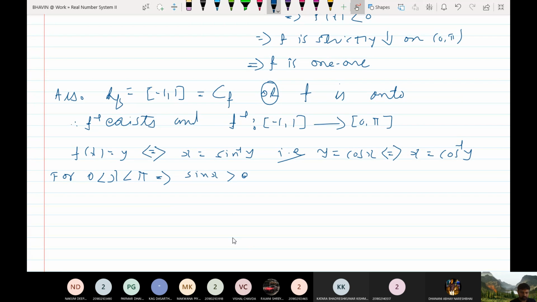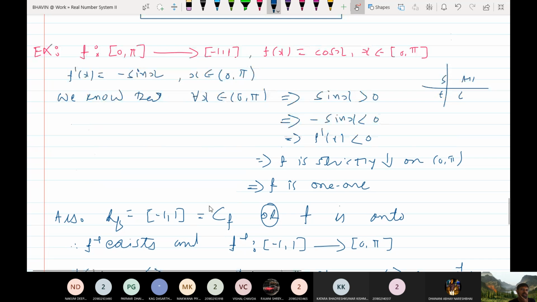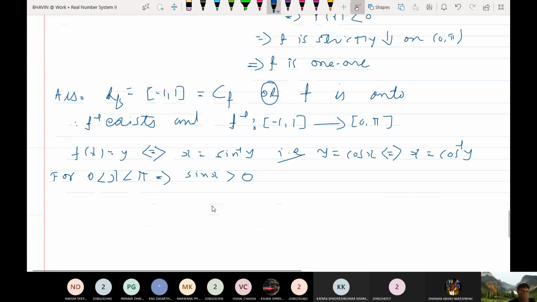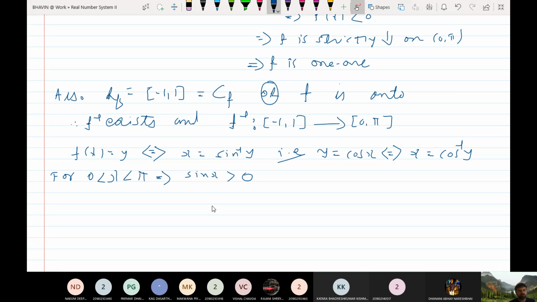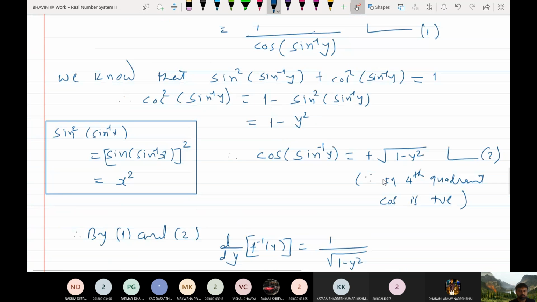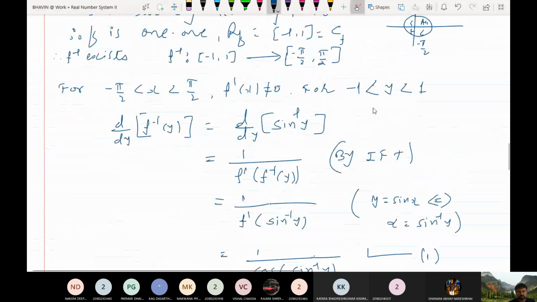In the first and second quadrant sine is positive. So therefore for -1 less than y less than +1, let me take y as we have taken here.